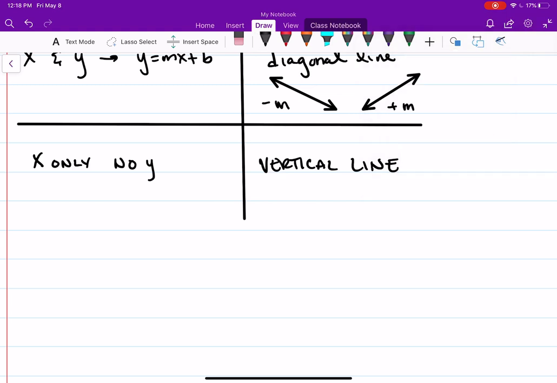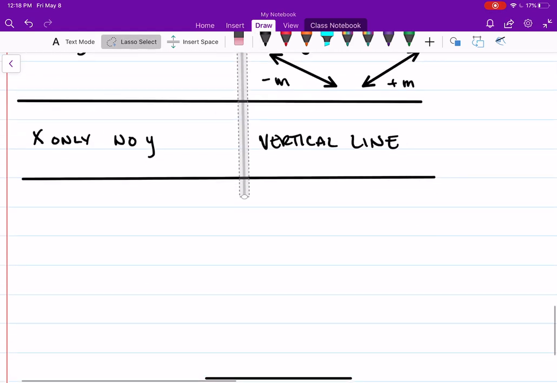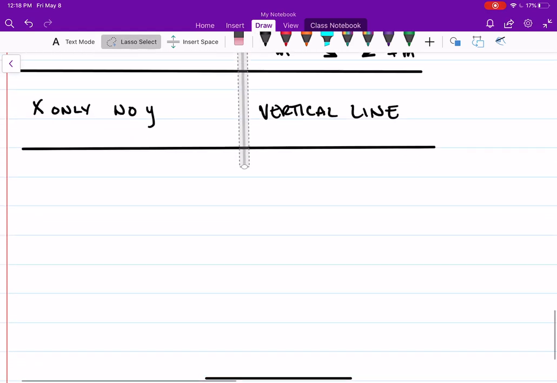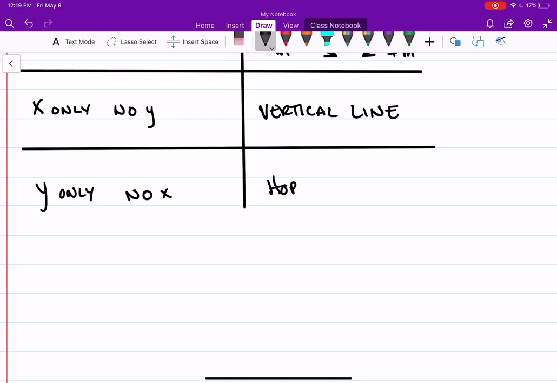And what about the last one? If it's y only, no x, then that's going to be a horizontal line.